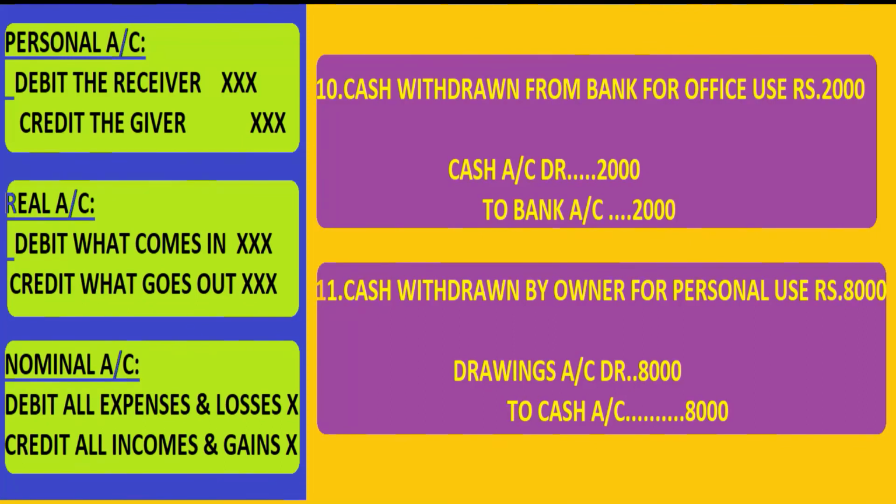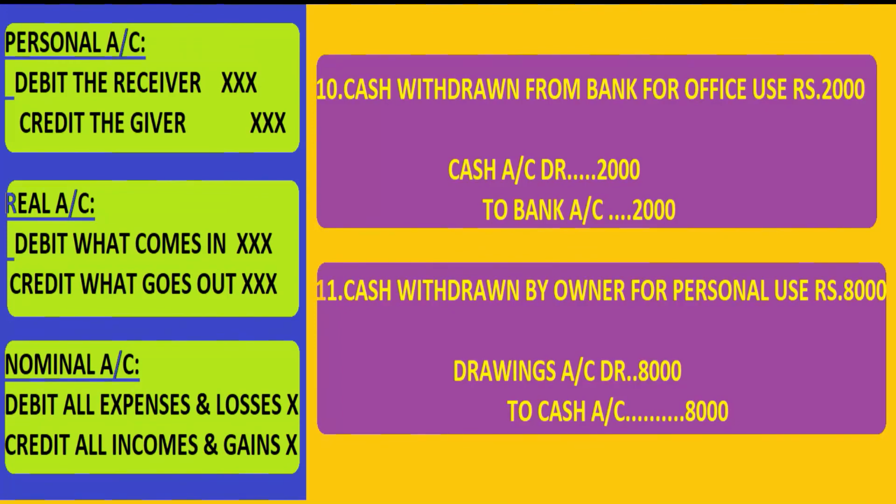Cash is going out, so we are crediting the cash account. Now what about debit? The owner is withdrawing cash for his personal use, that is drawings. Now to which account does this drawings belong? Drawings belongs to personal account.